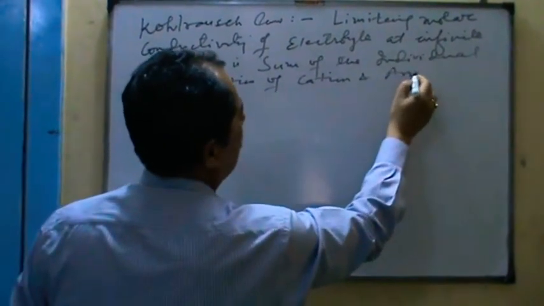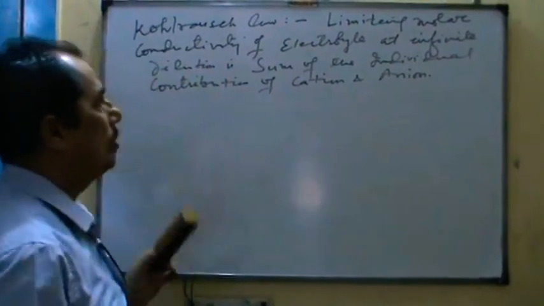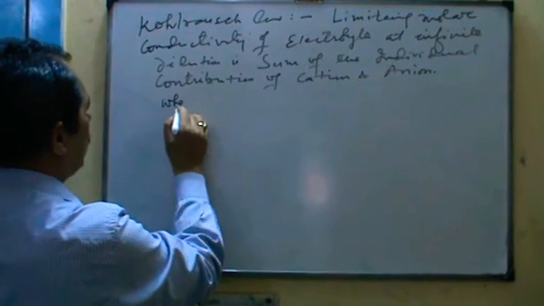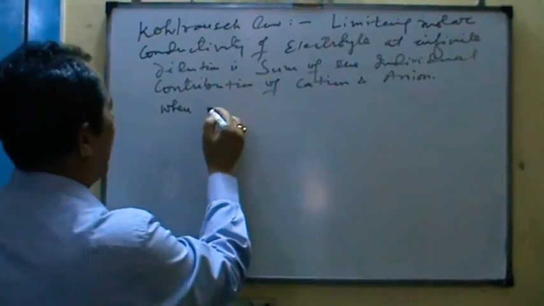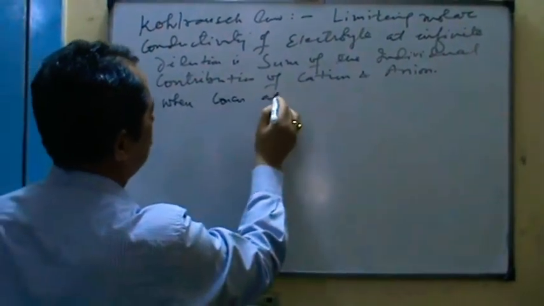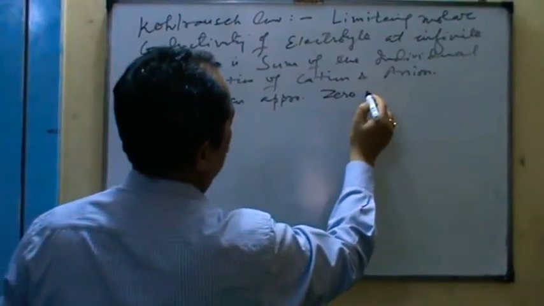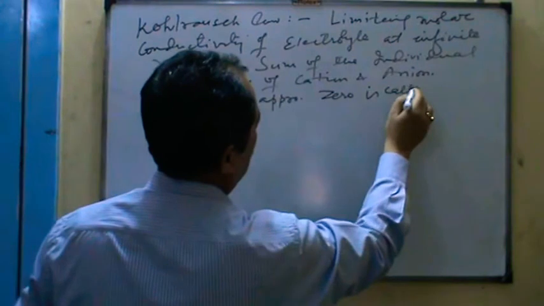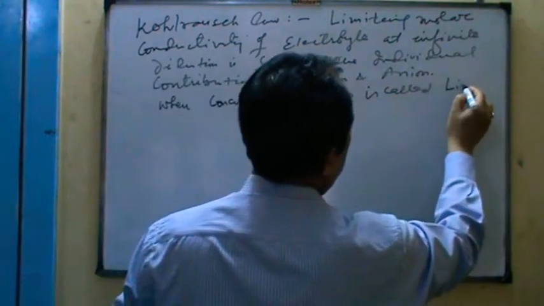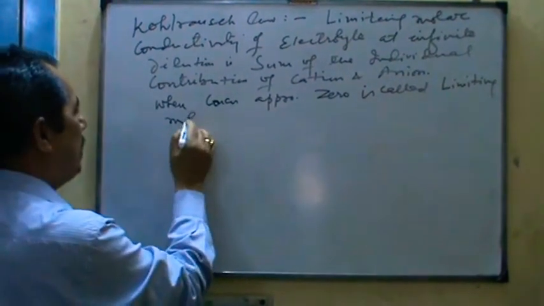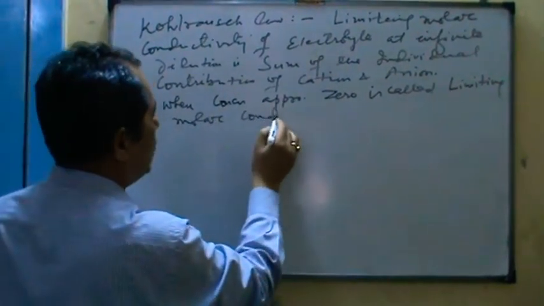Cation and anion. When concentration approaches zero, it is called limiting molar conductivity.